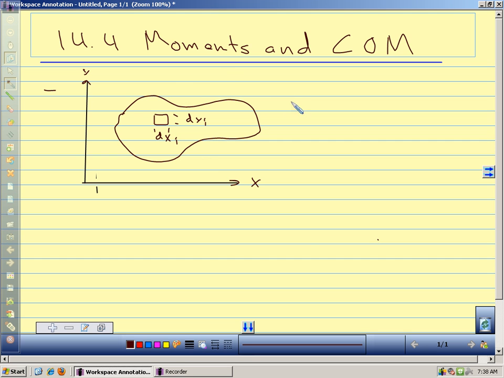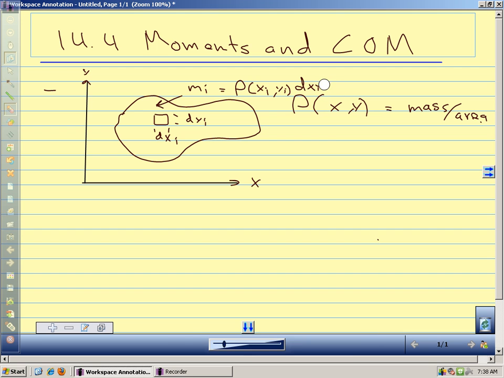In this region our density, our mass per unit area, is variable. So we're going to say rho of x, y is mass per area. So the mass of this little section in my region here, m sub i, is just going to be rho of x sub i, y sub i times dx sub i, dy sub i.